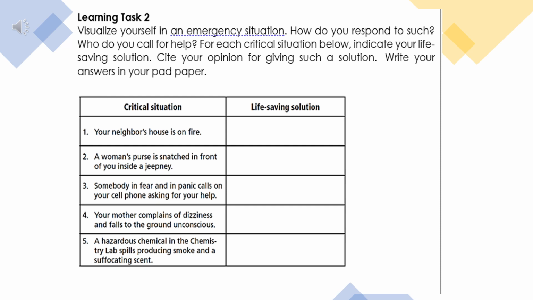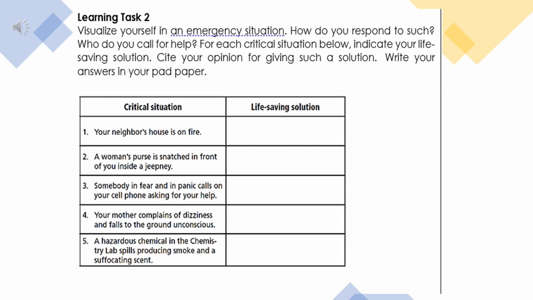So the life-saving solution, of course, the first thing to do is to call for help, call the attention of your neighborhood, and if ever there's someone who did it, then you call the fire station department for them to arrive in your place and extinguish the fire.